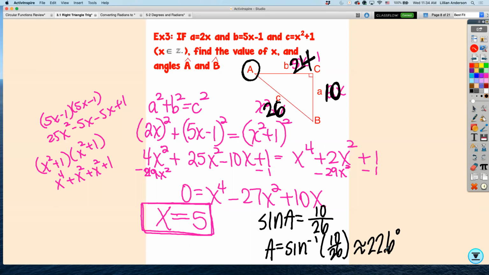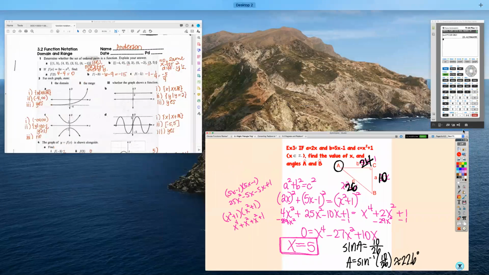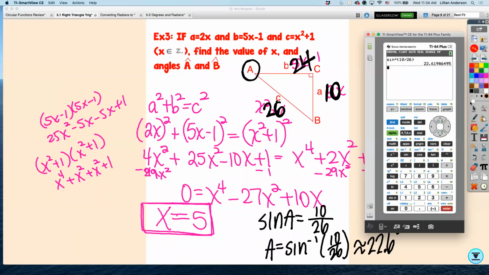And since we know that there's 180 degrees in a triangle, we don't have to go through the sine, cosine, tangent feature to find angle B. We could just add up the angles we have and subtract it from 180. Now, if you did, that's okay, because we should still get the same answer.